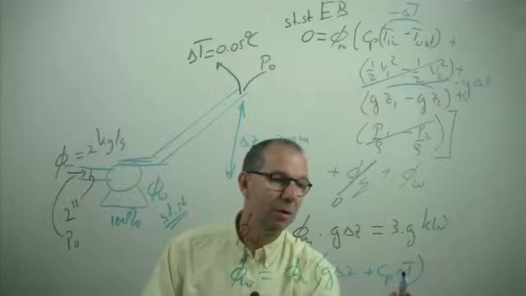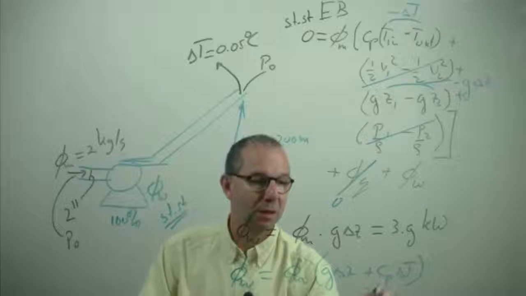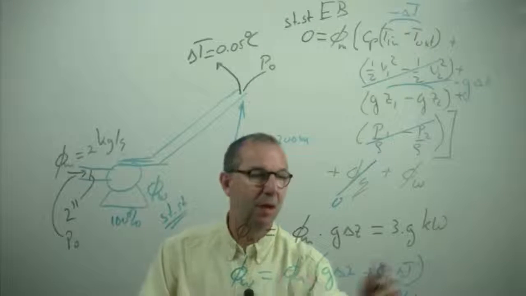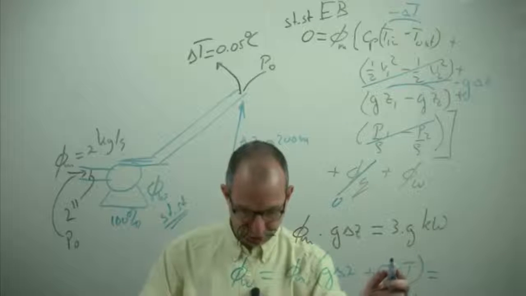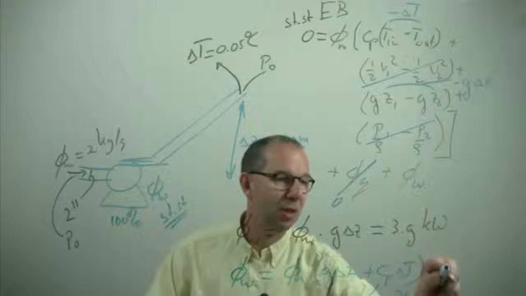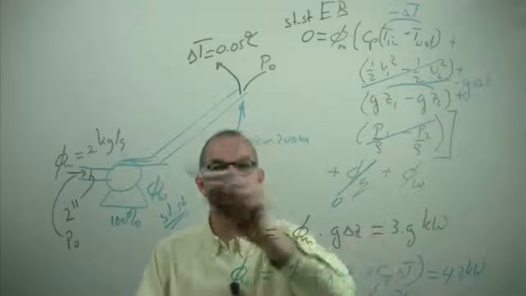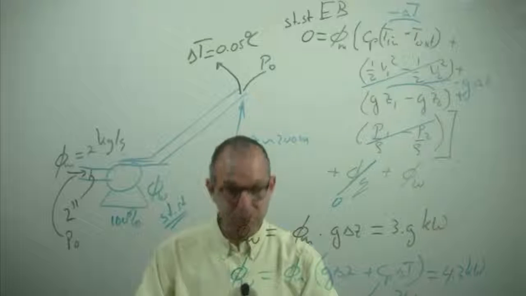Now delta T may be very small, but Cp for water and for most substances is not small. This is 4200 joule per kilogram per Kelvin. And if you correct our first estimate for that, you see that there is some 10% of energy more required because you're losing energy here due to friction. You have to add that.